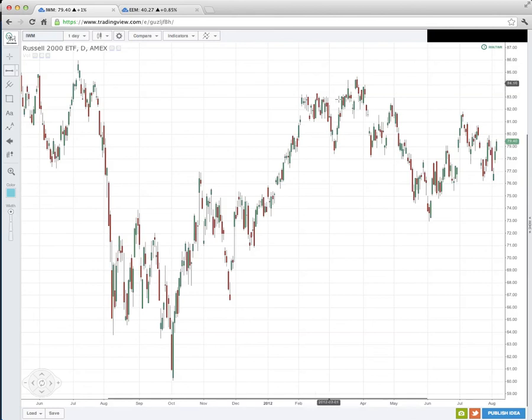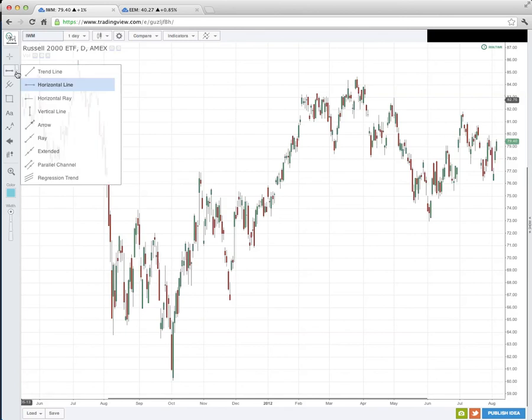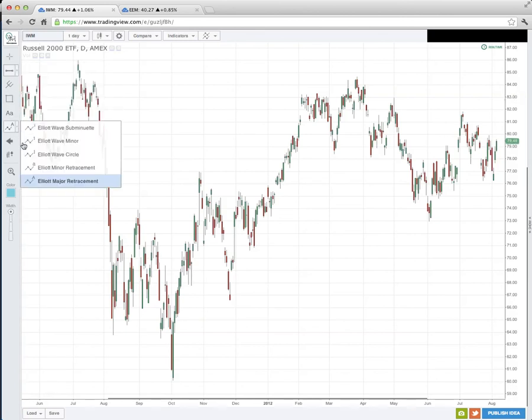So obviously institutions definitely think the Russell's selling off. They really don't like the Russell, and small cap growth. A lot of the Russell is small cap growth, and of course, small cap growth does very, very poorly in bad markets.